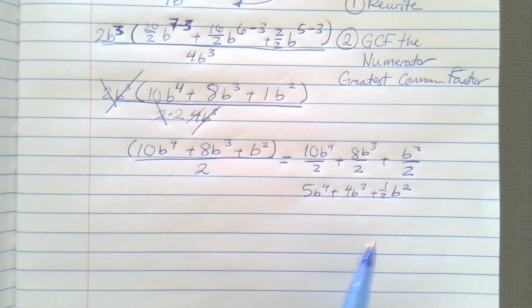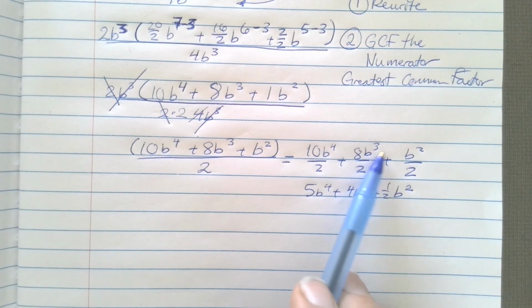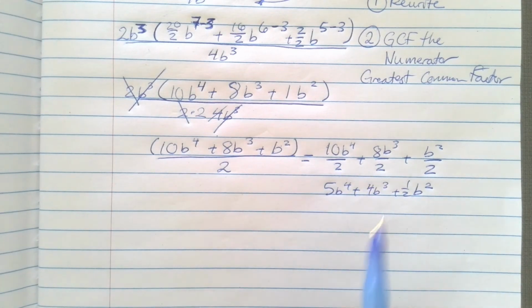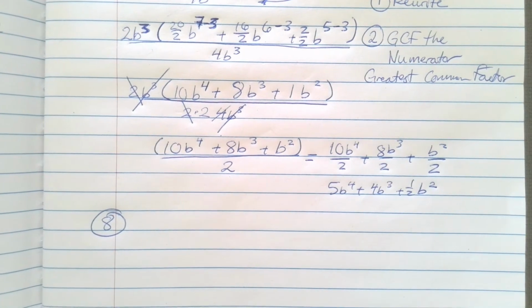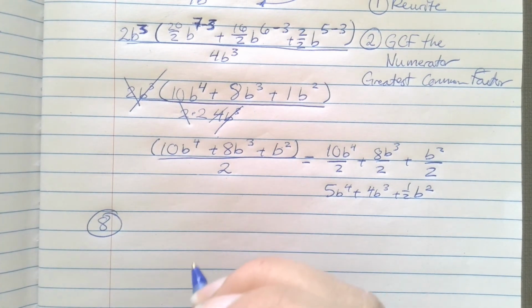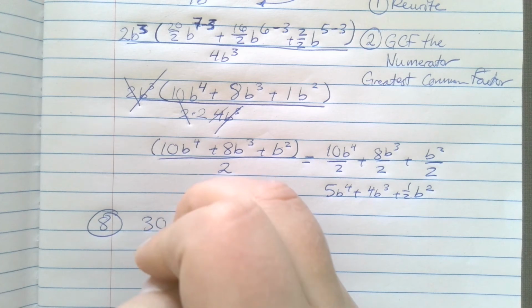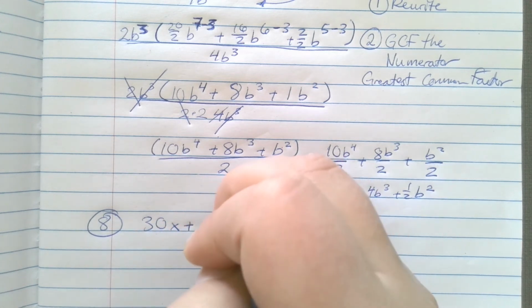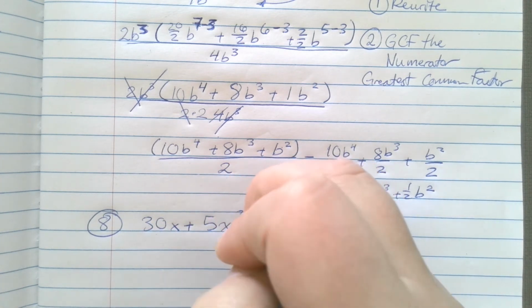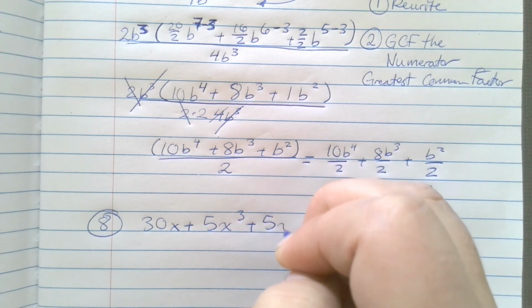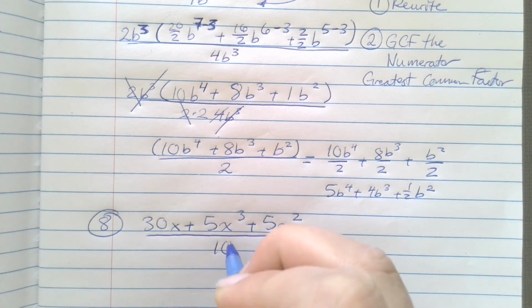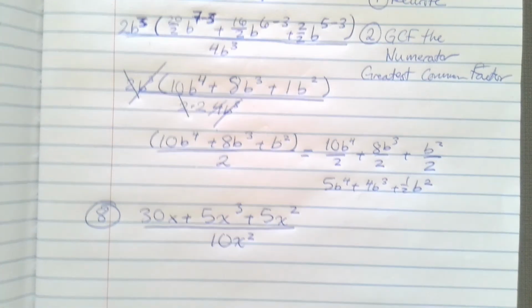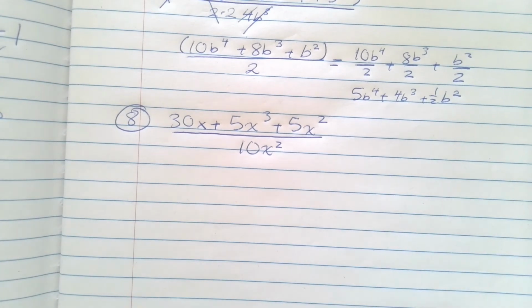Now I think if we jump to this step, I think it'll be easier. So let's do another example where we skip that middle step. I think it'll be easier for you. So if I have 30x plus 5x cubed plus 5x squared all over 10x squared, let's break it into smaller fractions.